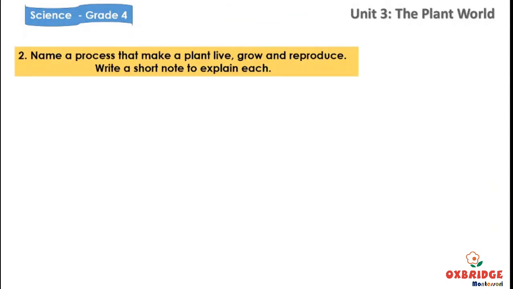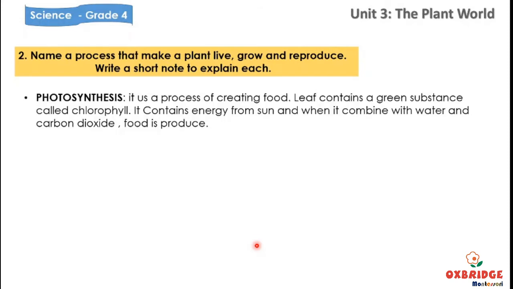Question number 2. Name a process that makes a plant live, grow and reproduce. Write a short note to explain each. Photosynthesis. Photosynthesis occurs in the leaf. It is a process of creating food.